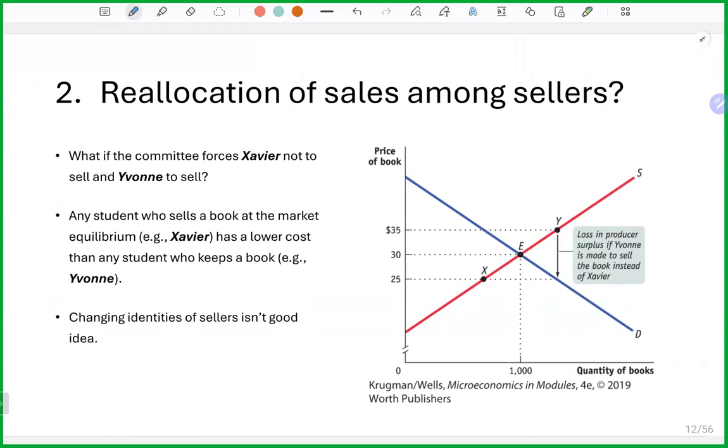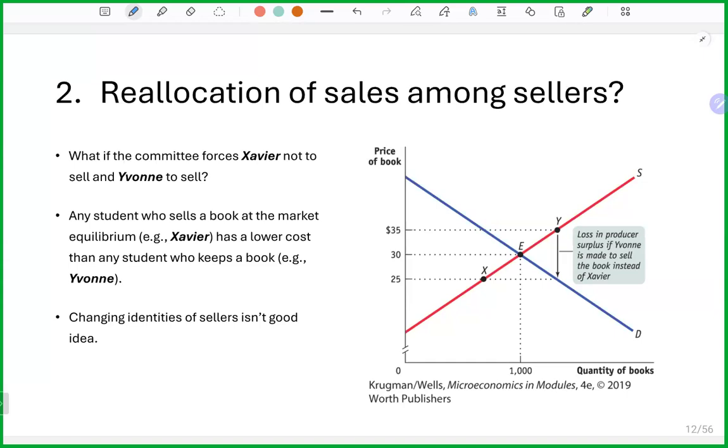Now think about Ivan. In the market equilibrium, Ivan will not sell the book because his cost is $35. But let's force Ivan to sell the book.